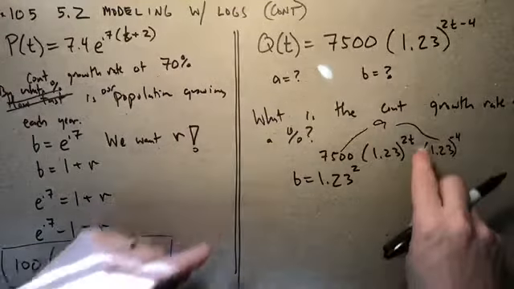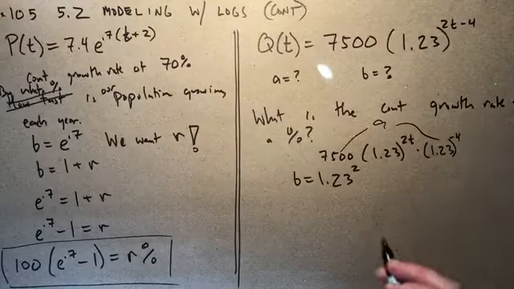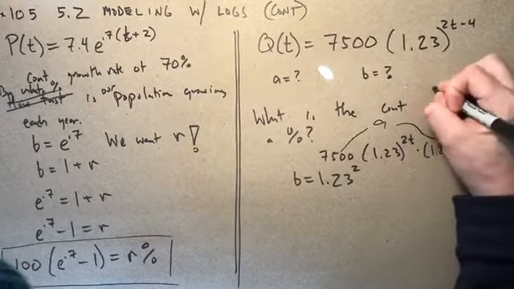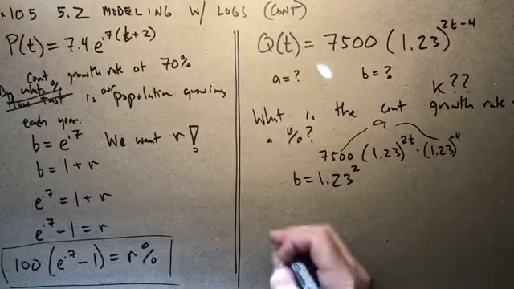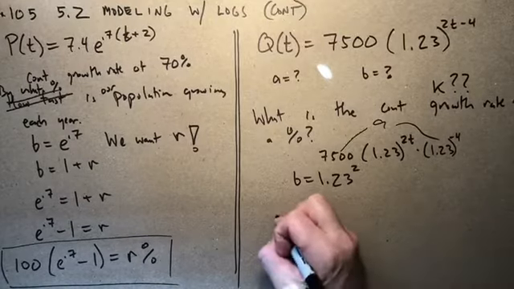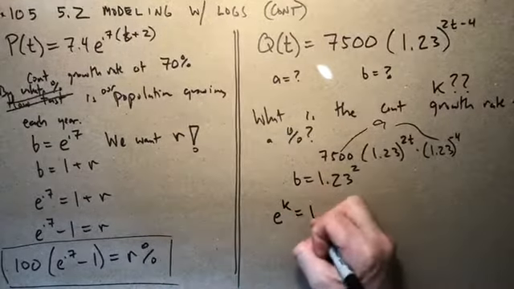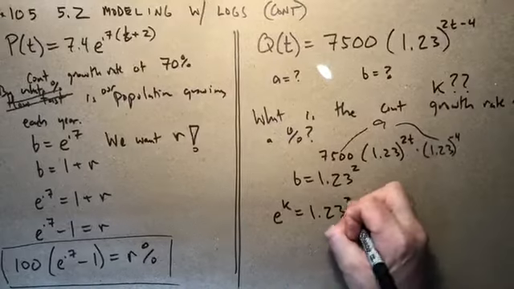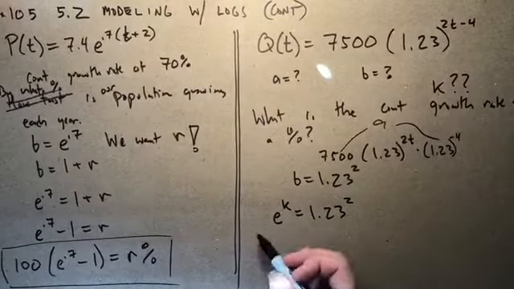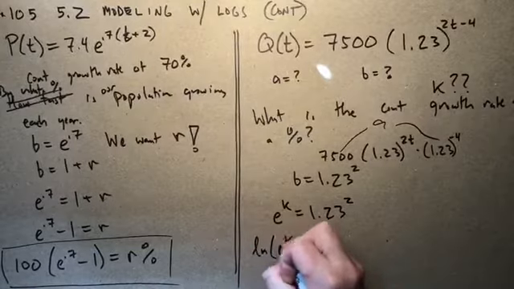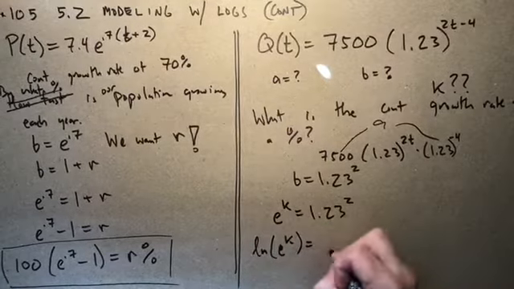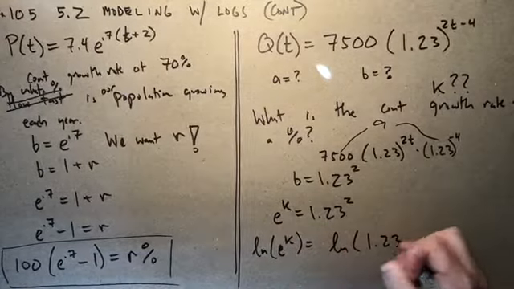We want to know the continuous growth rate, and that is a k question. What do we know? We know that B is equal to e to the k. So I'm going to take natural log on both sides. Natural log of e to the k is equal to the natural log of 1.23 squared.